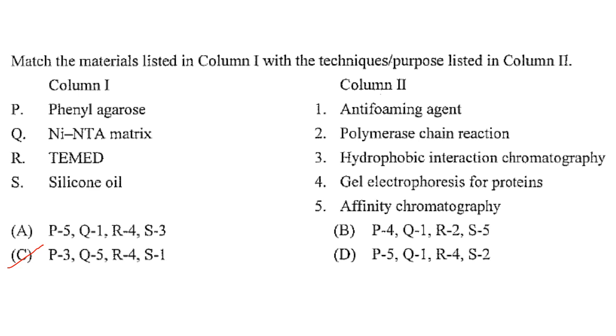So Q is 5. Affinity chromatography. TEMED is used in gel electrophoresis of proteins, R4. You prepare the polyacrylamide gel by using TEMED. Then silicone oil. Silicone oil is an anti-foaming agent. So answer is option C, that is P3, Q5, R4 and S1.